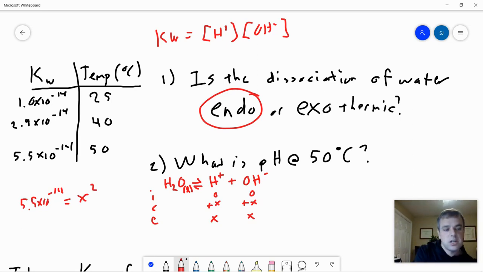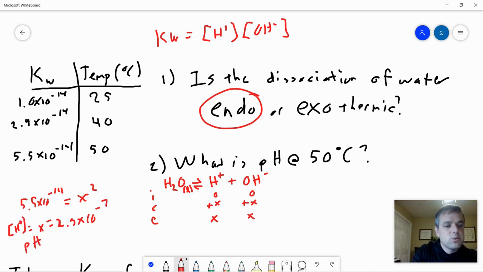So our H plus concentration would equal the square root of 5.5 times 10 to the minus 14th, which is 2.3 times 10 to the minus 7th, which is our H plus concentration.